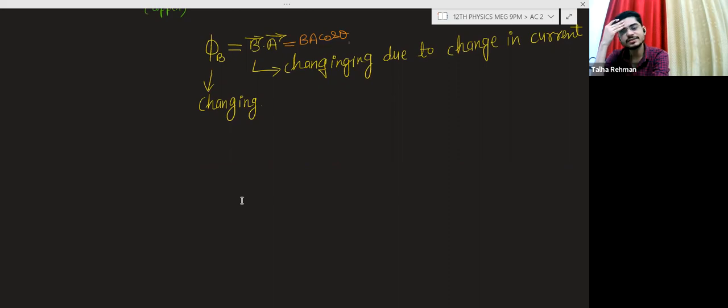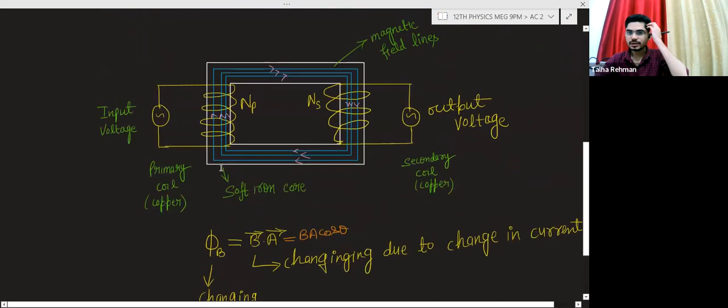So the magnetic field is changing. Remember that the number of magnetic field lines here and the number of magnetic field lines here are the same. See here, 3 magnetic field lines here, 3 magnetic field lines here.